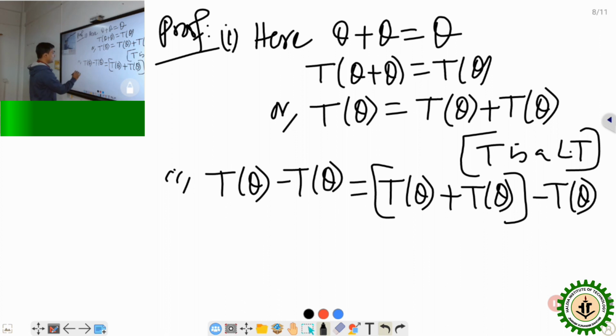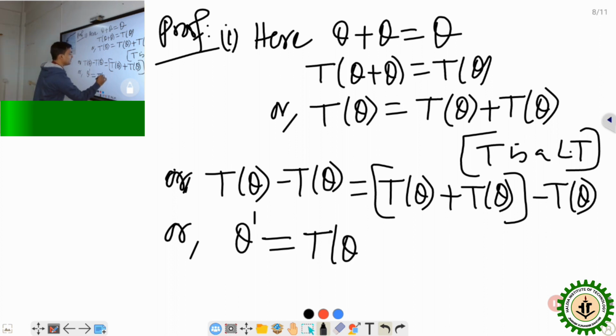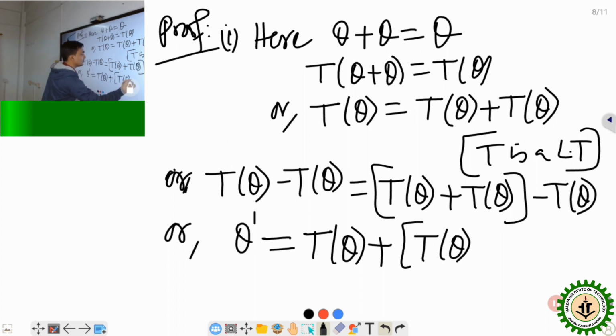Now T theta minus T theta will be theta dash, since T theta is from the W set. So it will be equal to T theta plus T theta minus T theta.